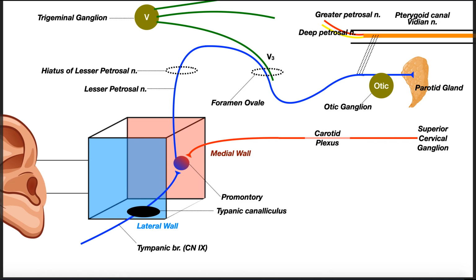But it suffices to say there are efferent nerve fibers from the superior cervical ganglion that ultimately form something called the carotid plexus. And then branches of that then go to the tympanic promontory. And so the tympanic promontory therefore has a tympanic plexus with sympathetic fibers from the carotid plexus and then parasympathetic fibers from this tympanic branch of the glossopharyngeal nerve.